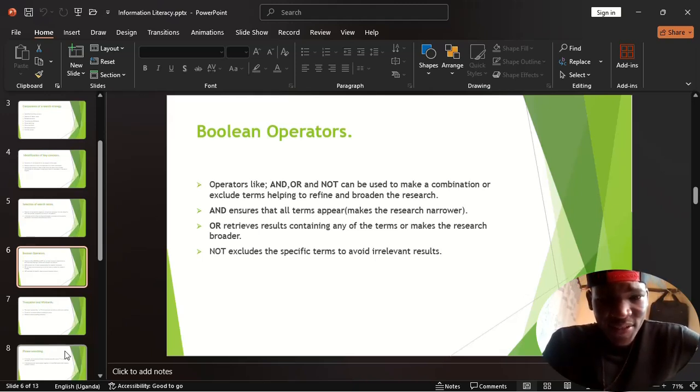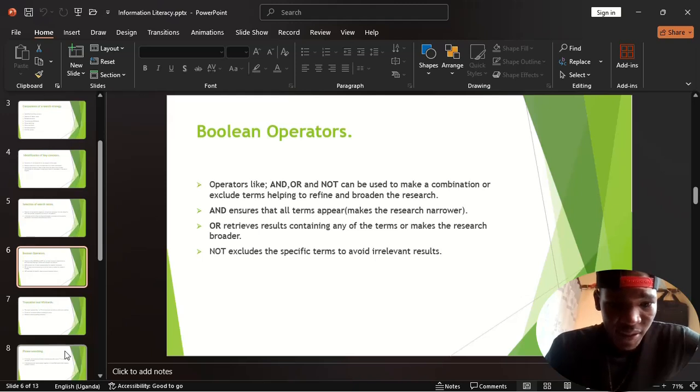When doing research or trying to search out a particular topic, we use operators like AND, OR, and NOT. These three operators can be used to combine or to exclude terms.